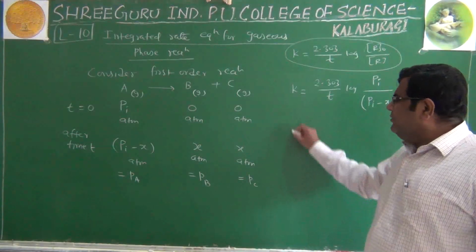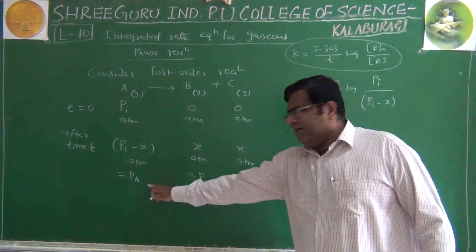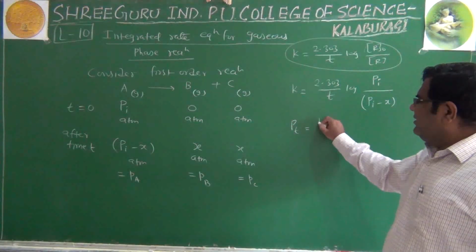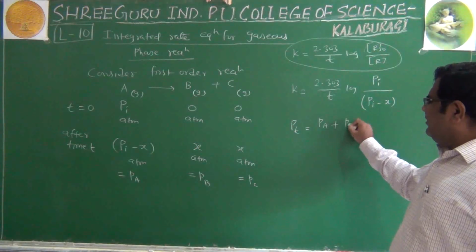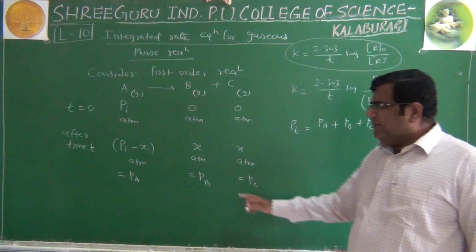So what we'll do now: Pt is the total pressure after time t. Total pressure is nothing but the summation of pA, pB and pC, the total pressure after time t.